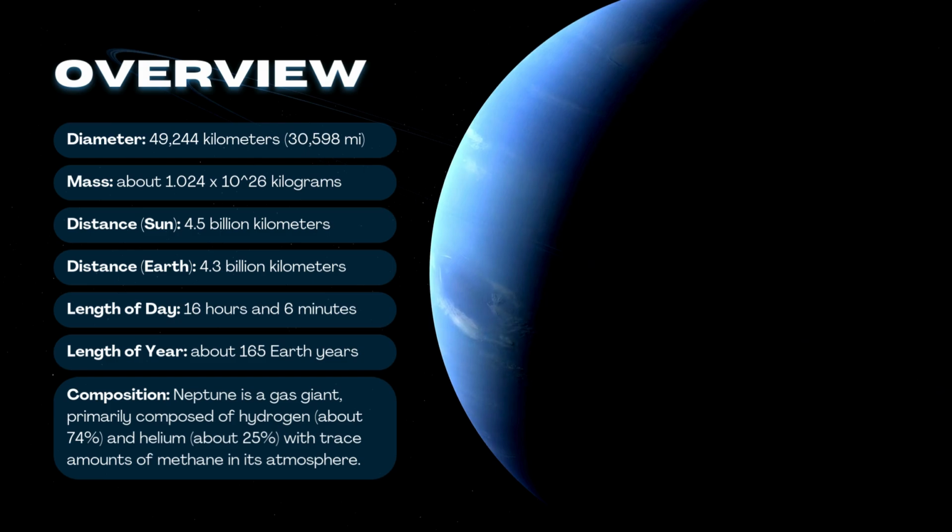Distance, Sun, 4.5 billion kilometers. Distance, Earth, 4.3 billion kilometers. Length of day, 16 hours and 6 minutes. Length of year, about 165 Earth years.